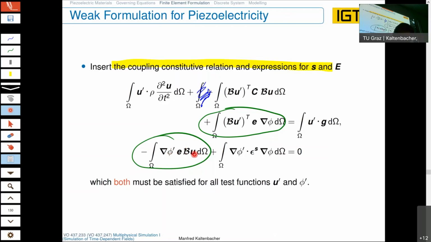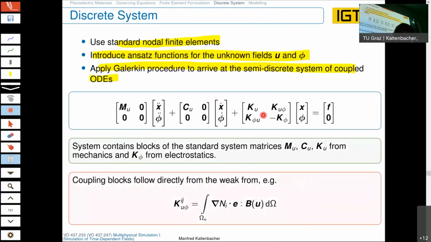But since we use the same basis function for approximating the displacement and the scalar potential, the discrete matrices will be just transposed to each other, as just shown here. So I can also explicitly write this: K u phi is equal to K phi u transposed.